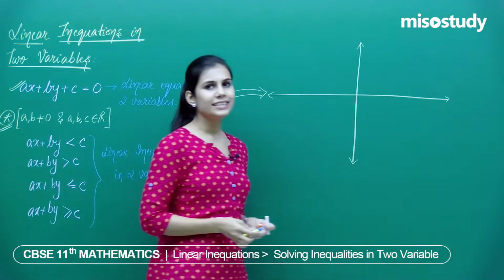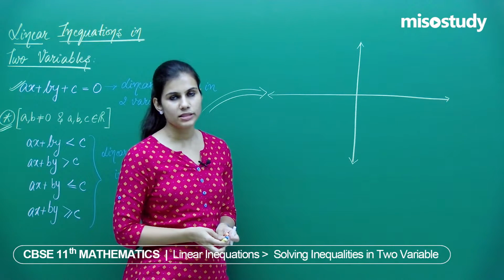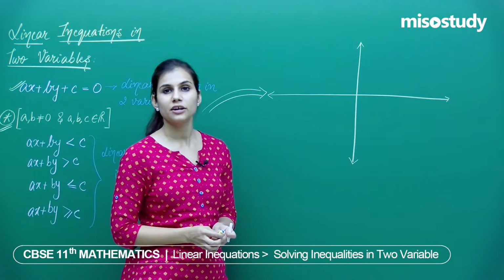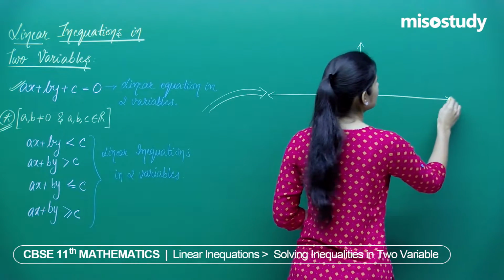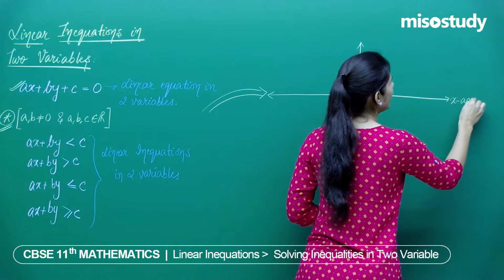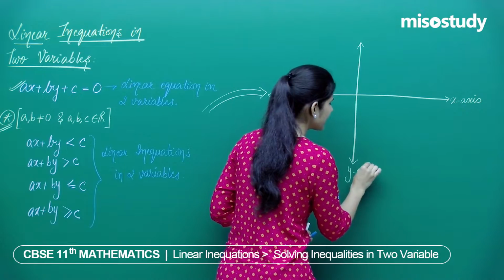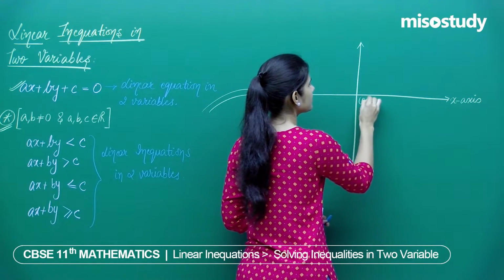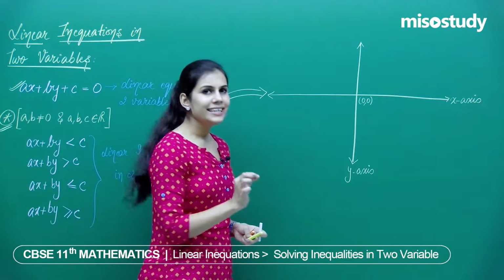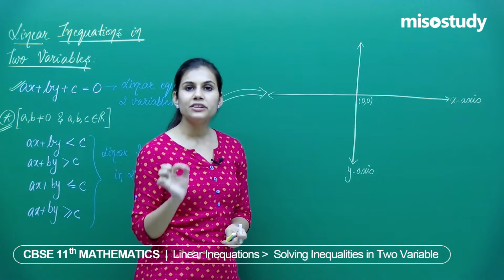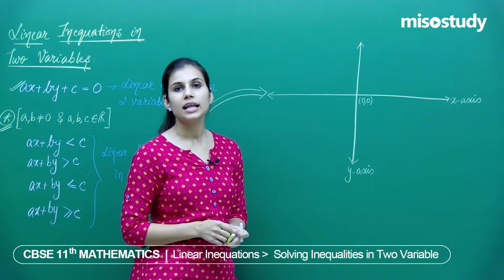When I talk about linear equation in two variables, that is ax plus by plus c equals 0, a, b, c are real numbers, a and b are not equal to 0 necessarily. In that situation, I need to consider the xy plane or the coordinate plane. This is my x axis, that's my y axis, this is my origin 0, 0. Any equation which is linear in two variables always represents a straight line.